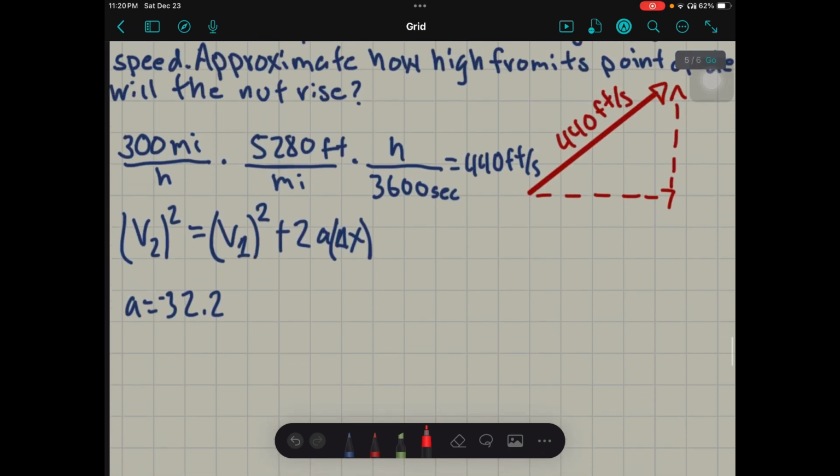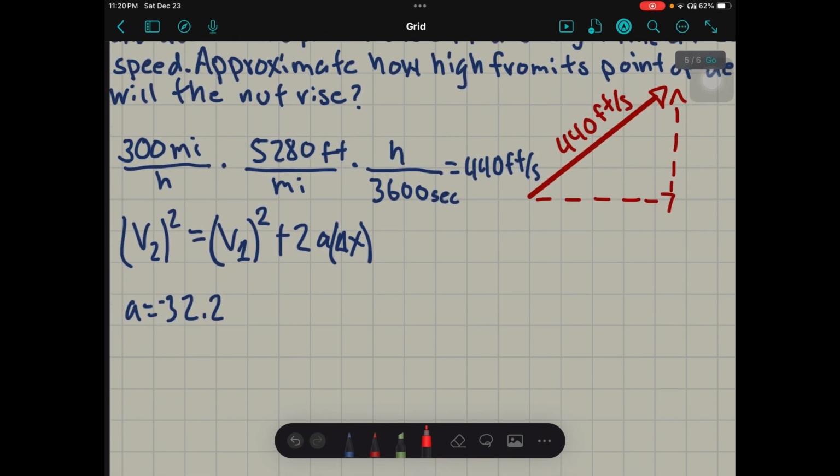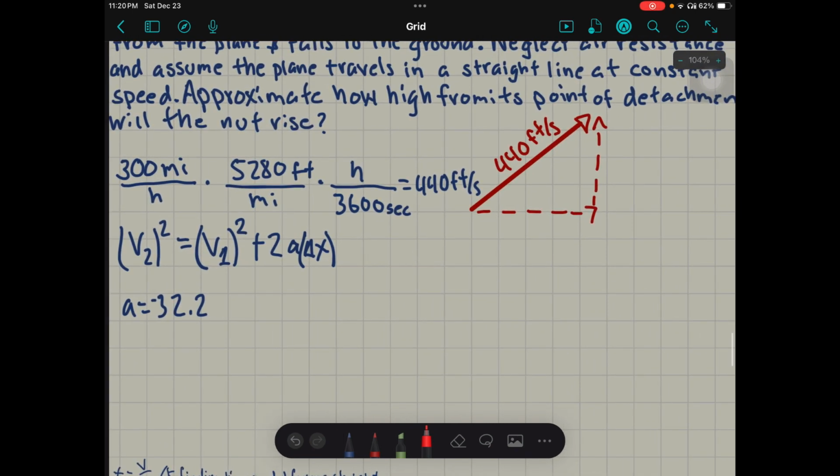So let's start off with the one without time. Before anything, we're only dealing with our y component for velocity, so we're going to figure out what our y component is.